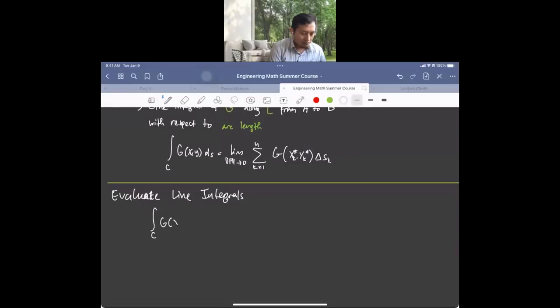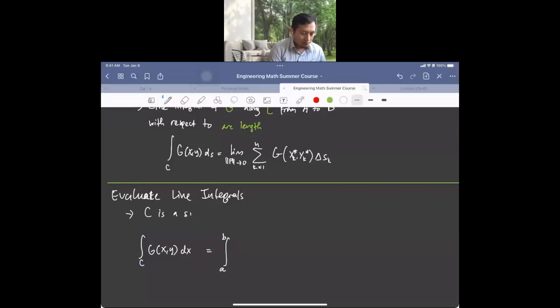So if we want to evaluate, for example, a function of two variables x, y, what will happen is we need to evaluate from a to b, and this is going to have the dt. Let me set some assumptions here.